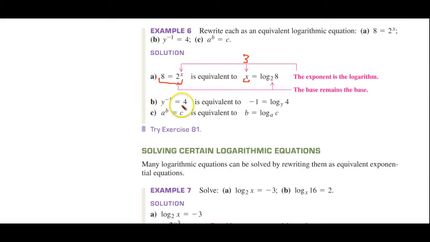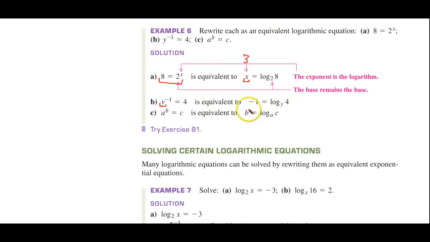Now for this one, we know we're going to have our equivalent, our exponent, I should say, -1 is right there, equals the log, our base is y, of 4.